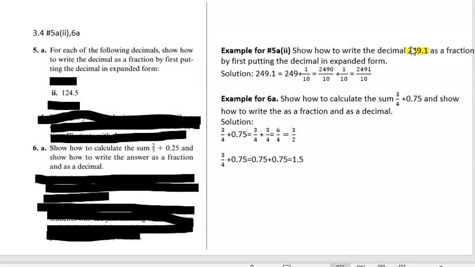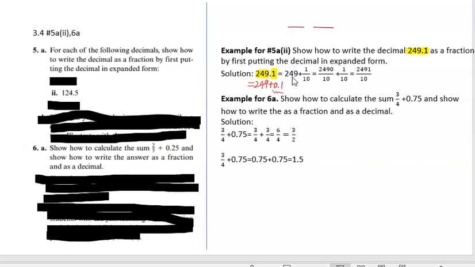One of the ways is you can first break it apart, because this one does have a whole number part, 249, and the decimal part, 0.1. So you could rewrite it as 249 plus 0.1. The whole number just stays, but 0.1 can be written as a fraction, which is 1/10.